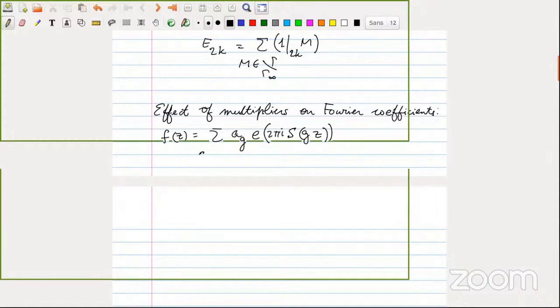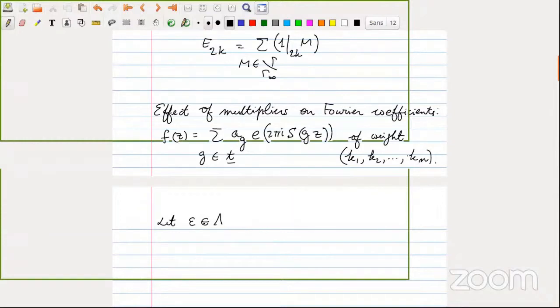Here g belongs to the translations which come from gamma, and it is of weight k1, k2, and so on to kn. Let's take a multiplier epsilon inside lambda.